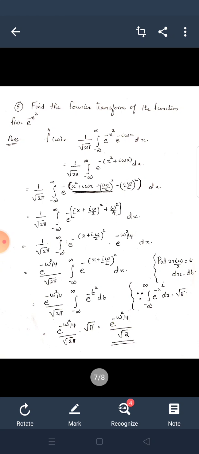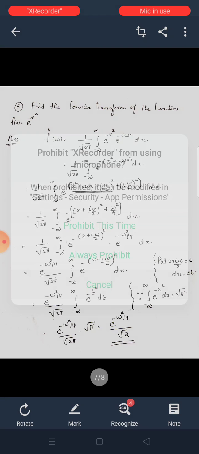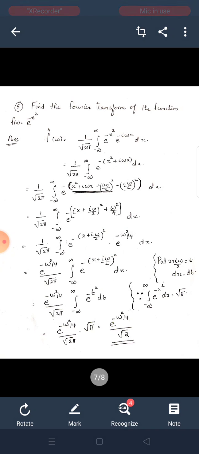Now we put x plus i omega by 2 as t. What is dx? dx becomes dt. So that becomes e raised to minus omega square by 4 divided by root of 2 pi, integral minus infinity to plus infinity e raised to minus t square dt.